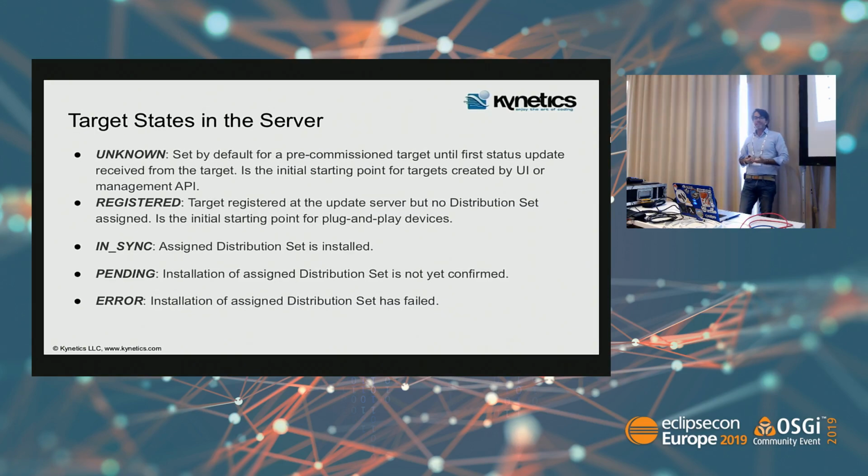So target states in the server. These are the 5 states, from a target perspective, that are defined in hawkBit: unknown, registered, in sync, pending, and error. What really is important are the 2, in sync and pending. In sync means that whatever distribution has been created and downloaded into the device is actually running on the device.